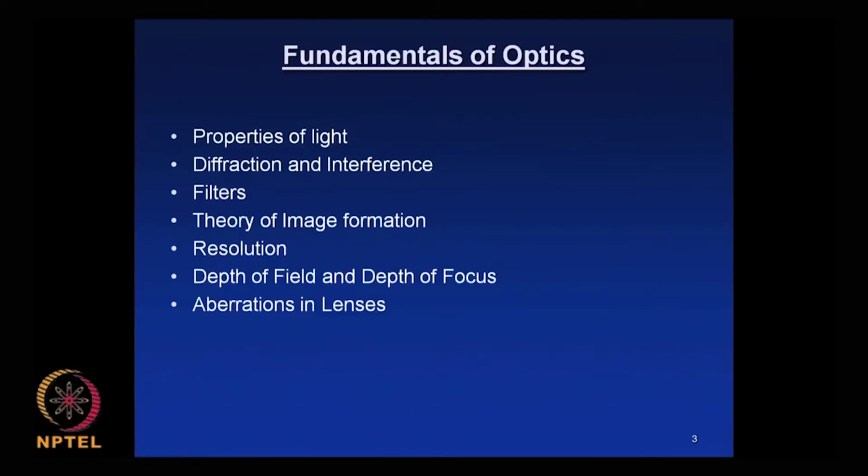First, we will review properties of light, and then we will discuss diffraction and interference in brief, and then we will also see the various filters which are being used in optical microscopy, and then we will concentrate on theory of image formation, resolution and depth of field and depth of focus, and most importantly the aberrations in the lenses and how to overcome these aberrations in order to obtain a good image.